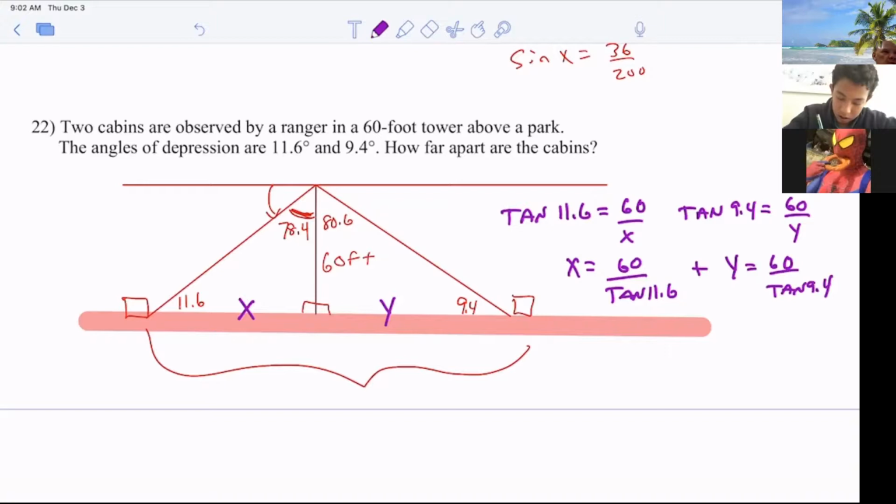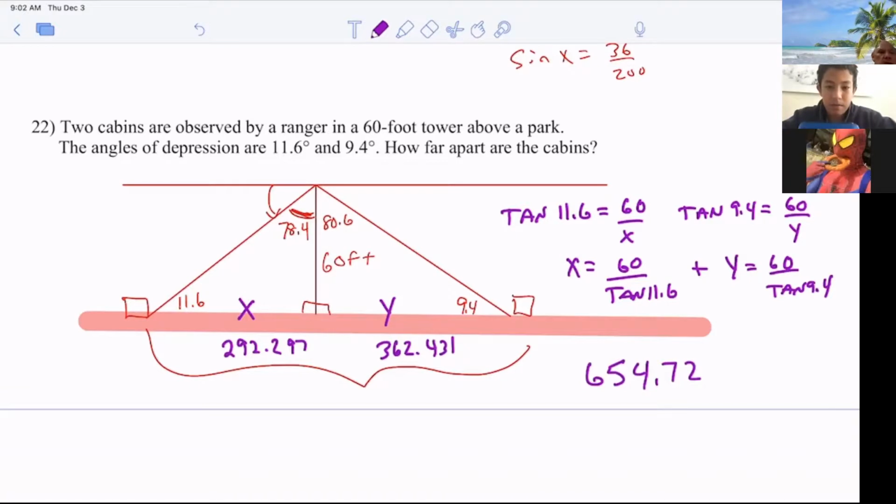How much? 292.297, something like that. So altogether, thank you. How much? 728. All right, that's kind of nice. Somewhere around there.